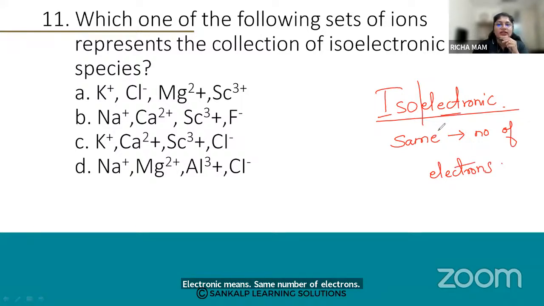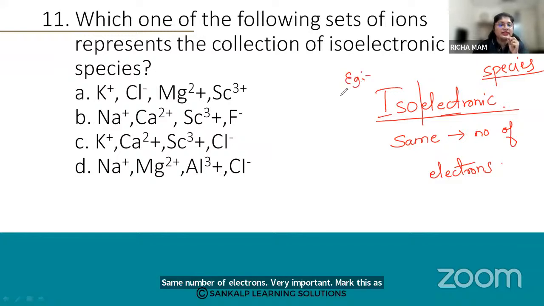So isoelectronic species are those species which have the same number of electrons. Very important, mark this as an important definition. This can be asked in structure of atom as well as in classification of elements and periodicity.